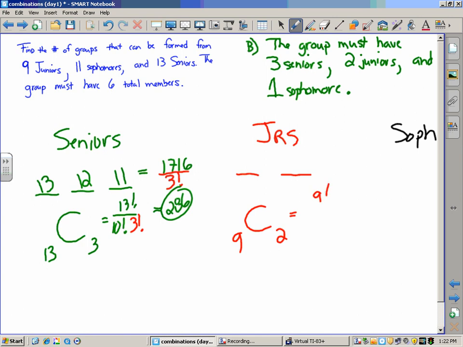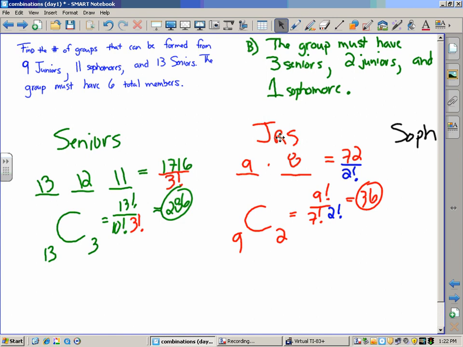Again, this is 9 factorial over 7 factorial, but you've got to remember to divide by the 2 ways we can switch around. You can pick person A, then B, or B, then A. That's the same combination all the way through the 9 people. So this is 9 times 8, which I know is 72, but I have to eliminate the 2 factorial ways of organizing them. So it looks like, doing that one in my head, that's 36, right?